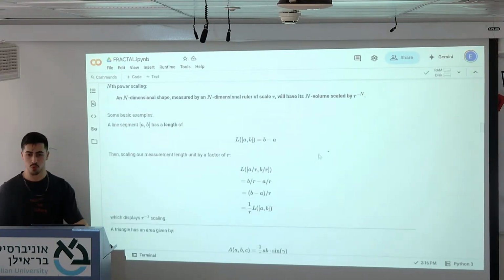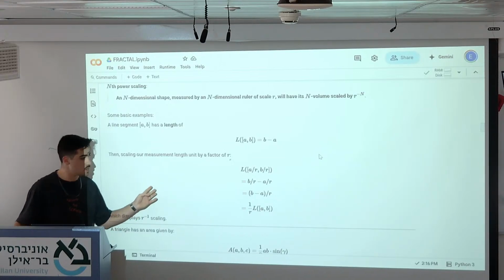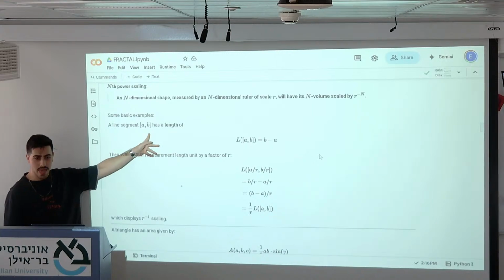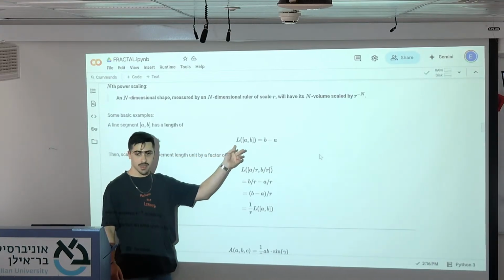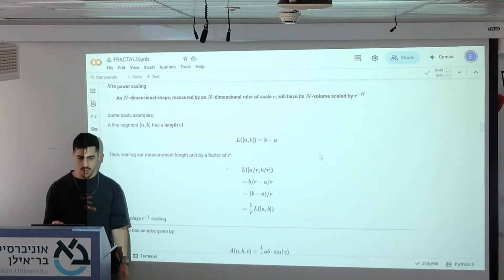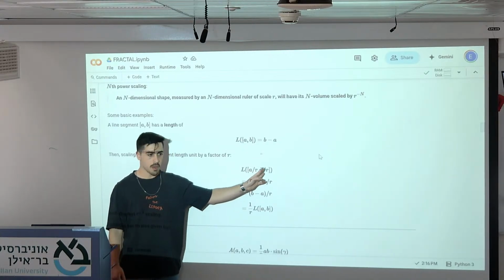So here are some basic proofs of this for various shapes. The only shape pretty much in 1 dimension is a line segment, right? So if we have a line segment from a to b, we define its length to be b minus a, right? If we now scale our units by r, that's the same thing as dividing a and b by r, okay?